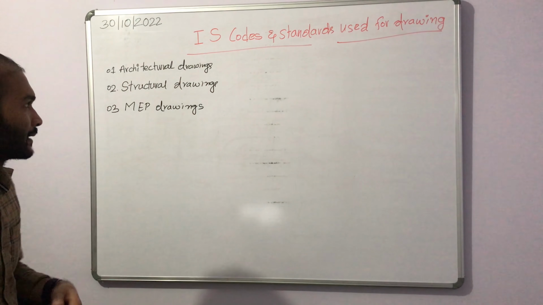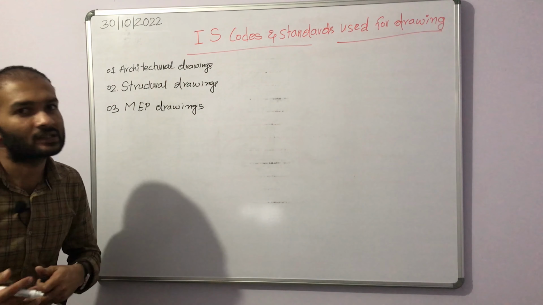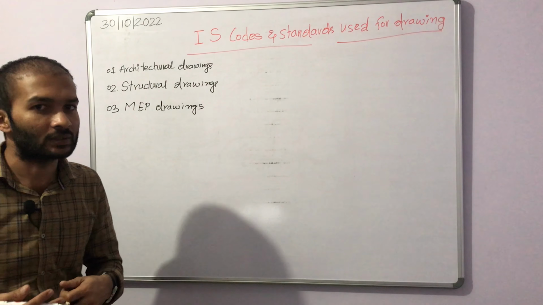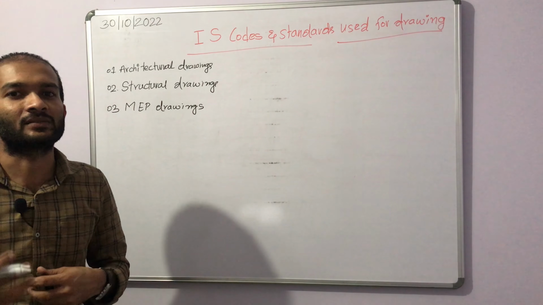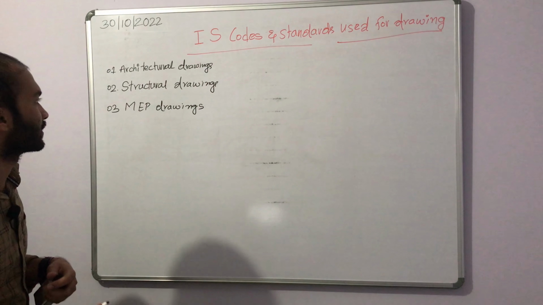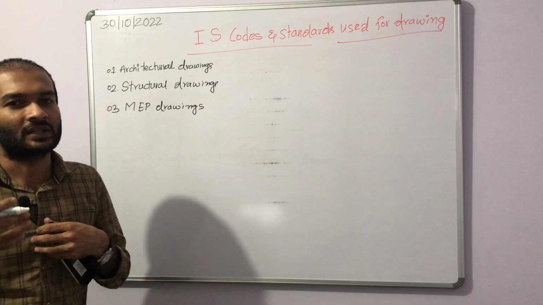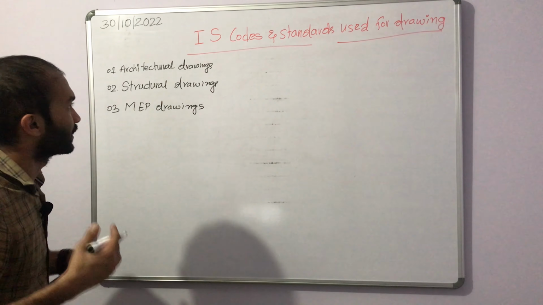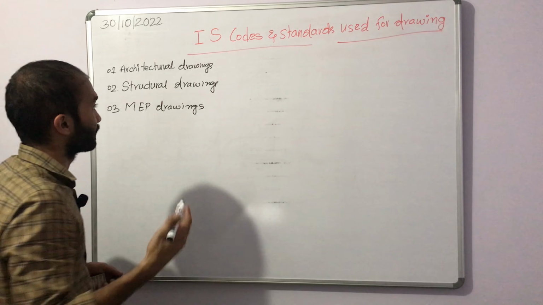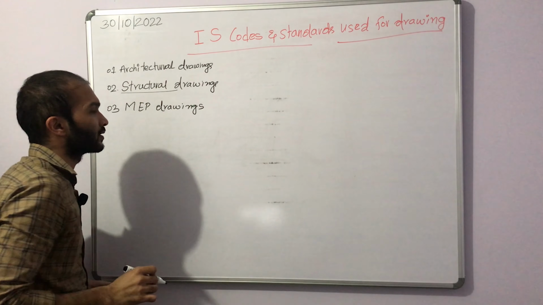The next is structural drawings, which mainly deal with what kind of design analysis we need to do, what grade of steel and what grade of concrete we are using, what the thickness of the steel and of the slab is, and how these considerations have to be taken care of in the structural drawings.